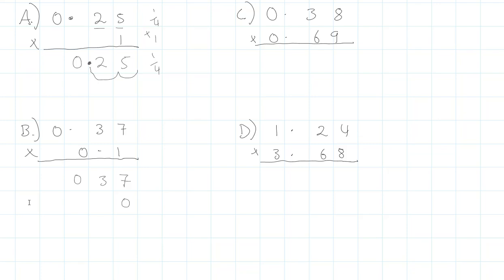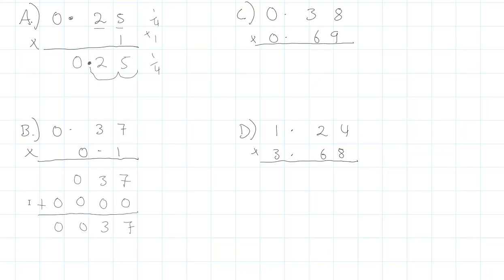So let's multiply 0 times 7, that's 0, 0 times 3, that's 0, and 0 times 0 is 0. And again then we just add these together. So 7 plus 0 is 7, 3 plus 0 is 3, 0 plus 0 is 0, and 0 plus 0 is 0. So now what we have to do is figure out where we're going to place the decimal point.